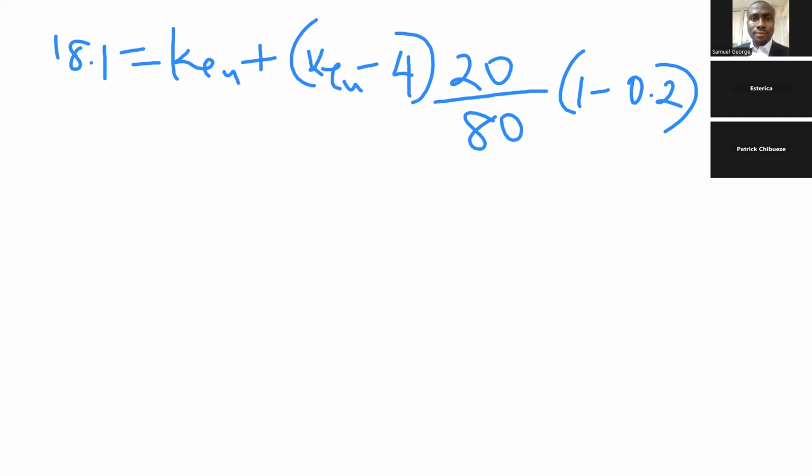The proxy's debt is risk-free. So 0.2 times 4 is 0.8, and 0.2 times KEU is 0.2 KEU.